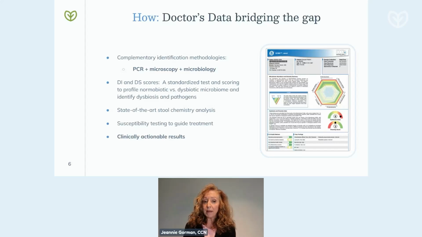We have microscopy, microbiology, and a host of other stool chemistries that we cover for digestive health, inflammation, short-chain fatty acid production, beta-glucuronidase production, etc. So ideally, we are covering all of the gamut, cross-referencing, which is important, we'll talk about that, to give you the most clinically actionable results.